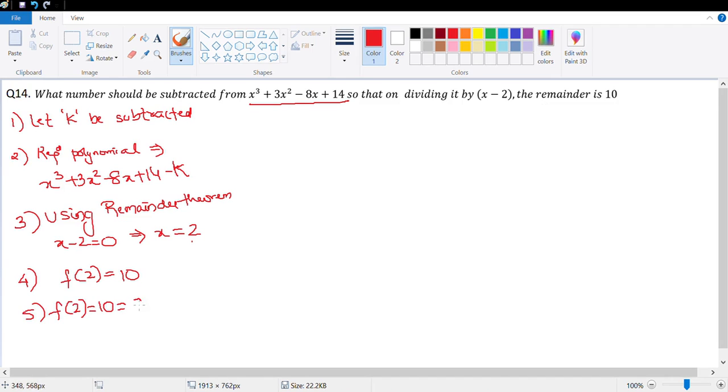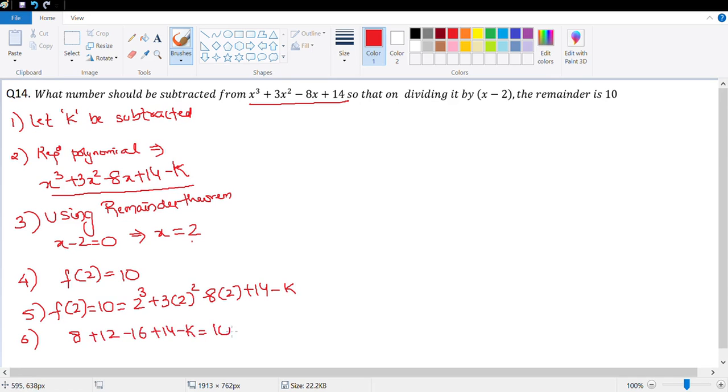That will be 2 cube plus 3 times 2 square minus 8 times 2 plus 14 minus k. Yes, that's correct. The resulting polynomial is x cubed plus 3x square minus 8x plus 14 minus k. So we have 2 cube, that's 8, 4 into 3, that's plus 12, minus 16 plus 14 minus k is equal to 10.